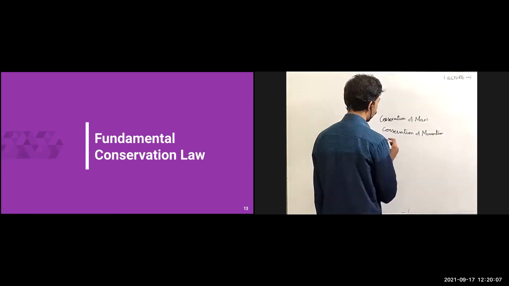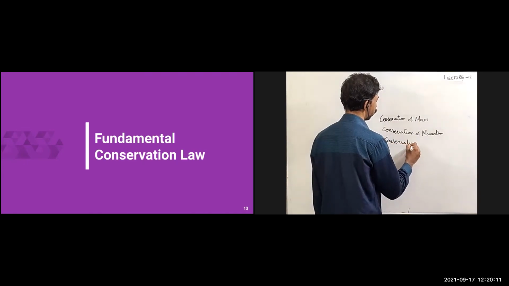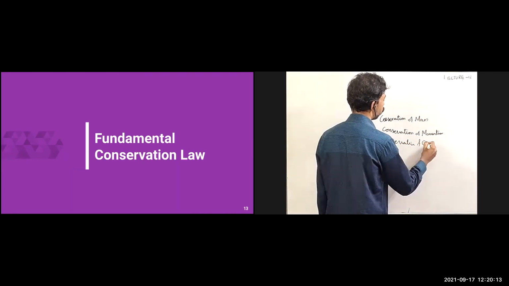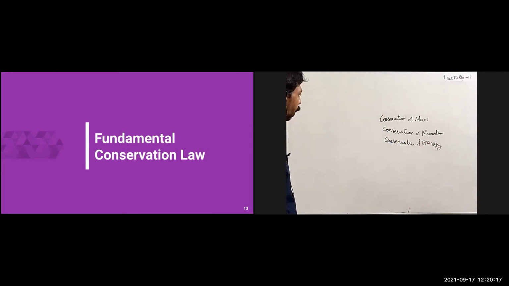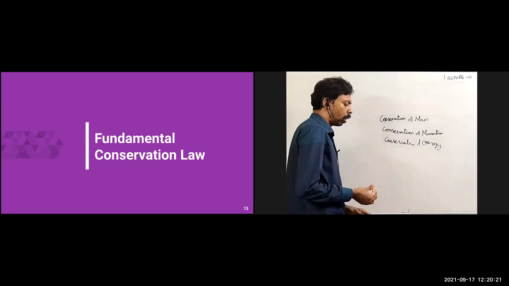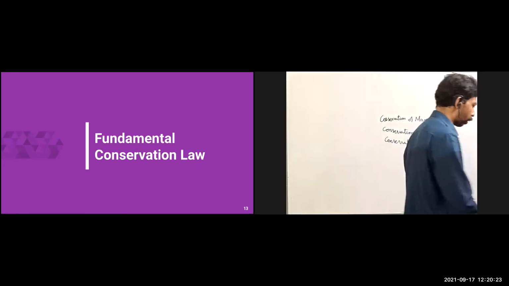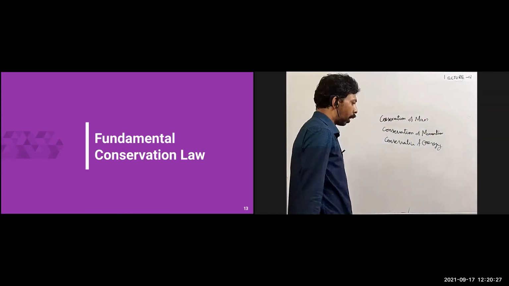And the third one is called conservation of energy. These three are very important in fluid dynamics and physics problems. These are the things we are going to discuss right now. We will see what the fundamental conservation law is. Of course, there is a theorem called the Reynolds transport theorem that we'll also see, but I am not sure whether we can cover it today.